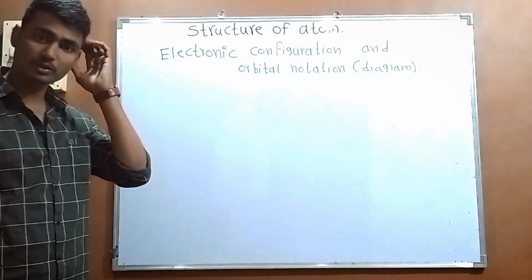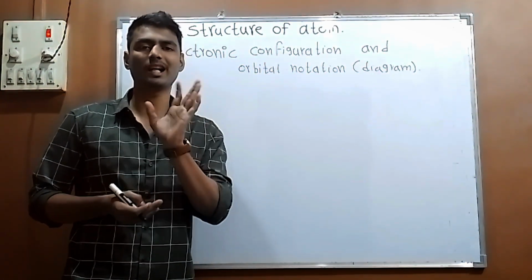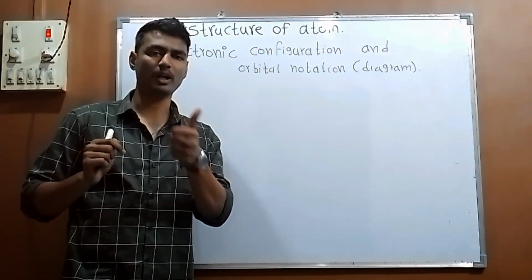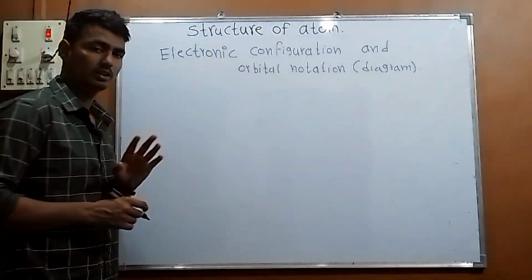Okay, so first of all let me tell you what is electron configuration. As we discussed in the last two videos, part 1 and part 2, the link is in the channel, watch those. Now this is part 3. Let's start.